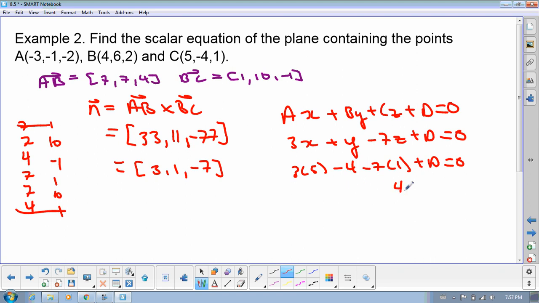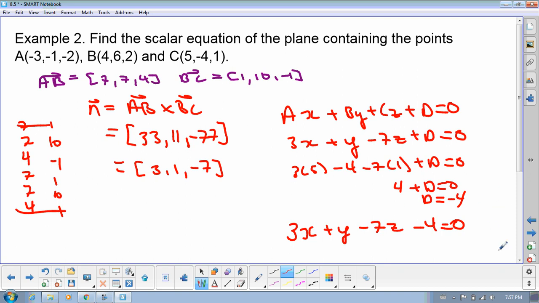So we have 4 plus D equals 0, so D equals negative 4. So our equation is 3x plus y minus 7z minus 4 equals 0. Some of you were wondering what other application we can use the cross product for? Well, we can figure out what the normal is.